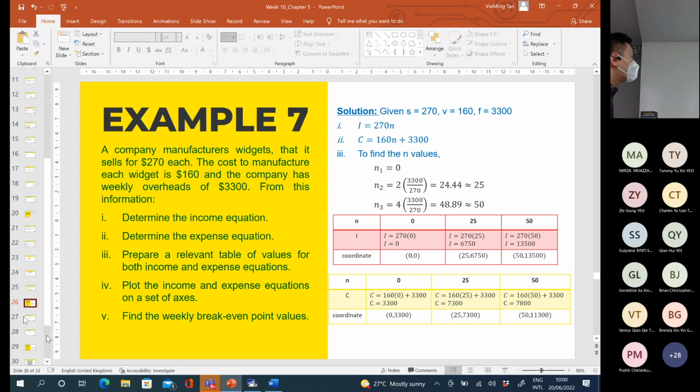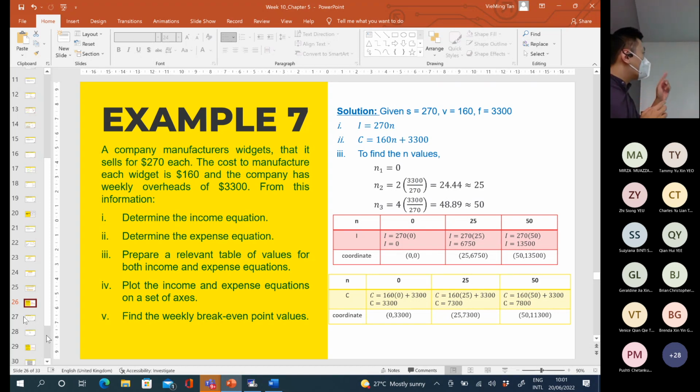Next sentence: the cost to manufacture each widget is 160, and the company has weekly overheads of $3,200. This sentence tells you two different costs: one is the variable cost, one is the fixed cost.